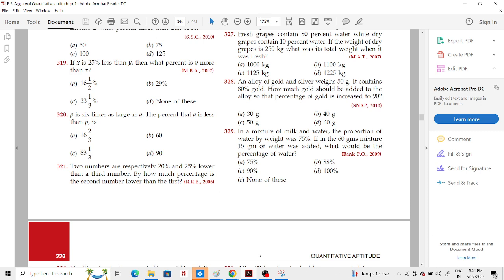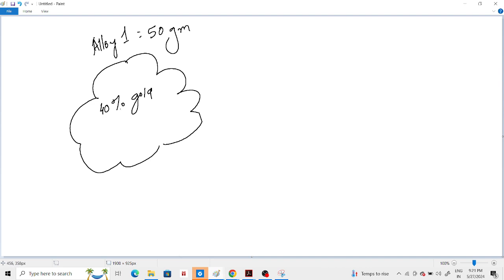In this 80% is gold. If 80% is gold, then what is the amount of gold? 40 gram, right? You do 80% of 50, you will get 40 gram. 40 gram is gold, rest is silver.